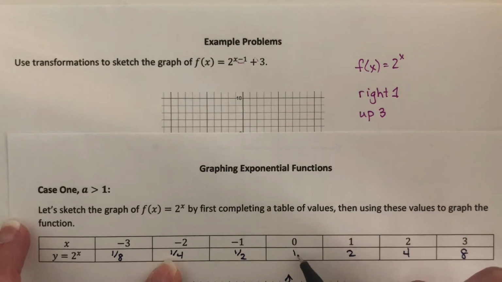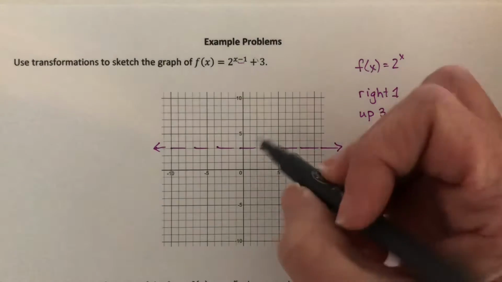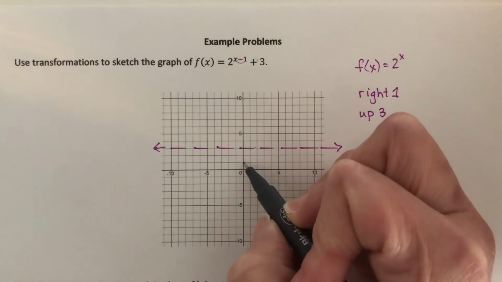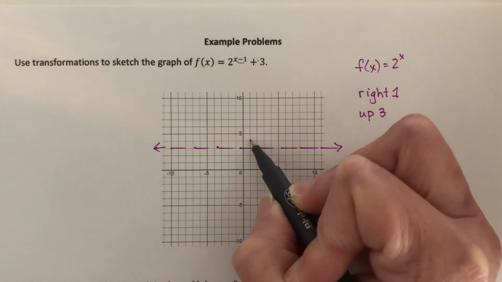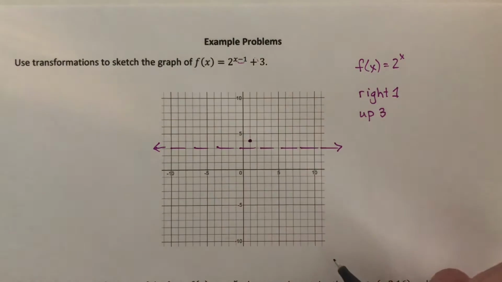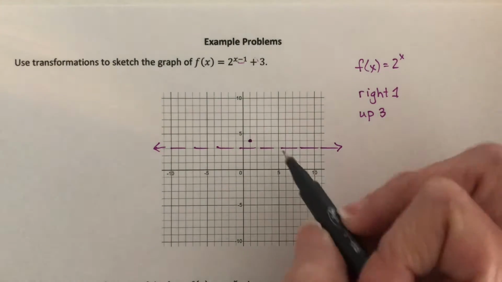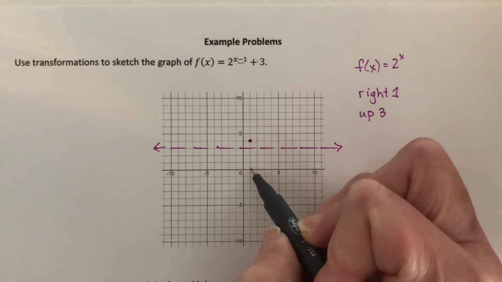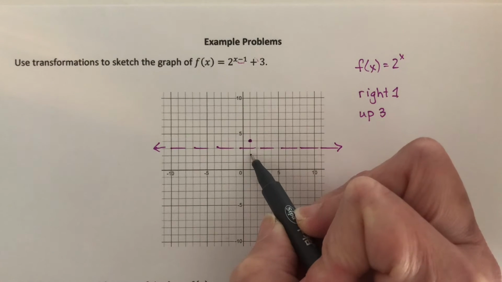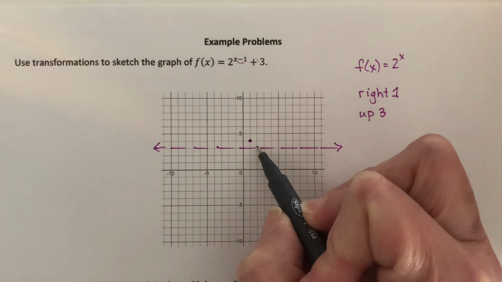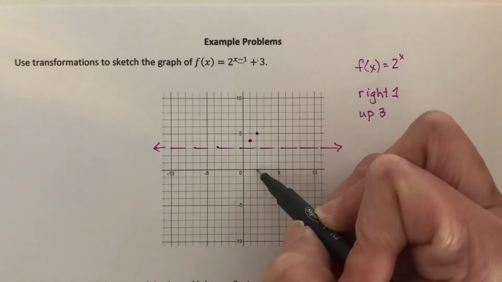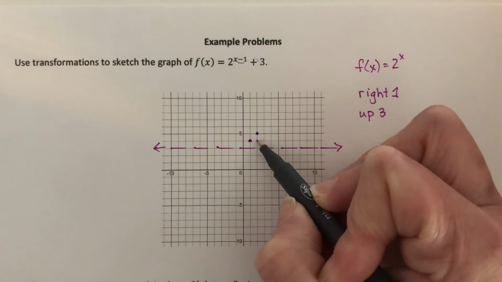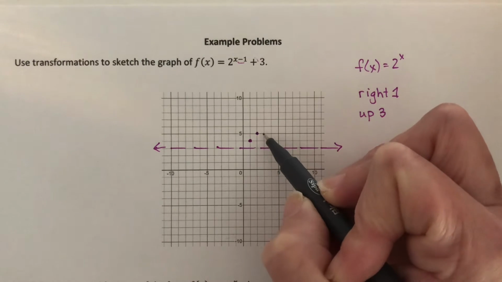If I take 0, 1, which was right here, I'm going to move it right 1 and then up 3. So that's here. Then I had 1, 2. If I move it right 1 and up 3. I had 2, 4. Move that right 1 and up 3.